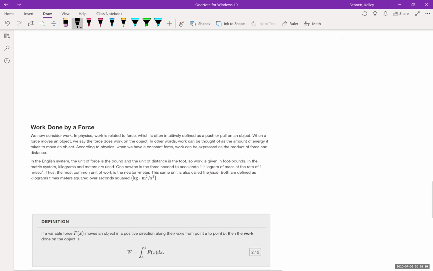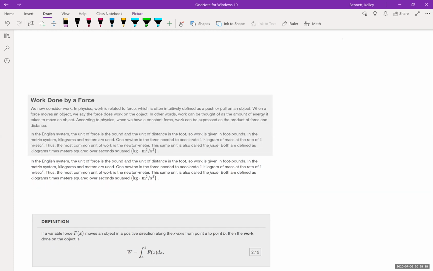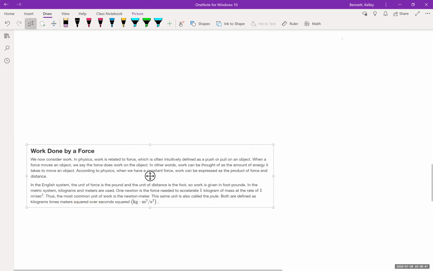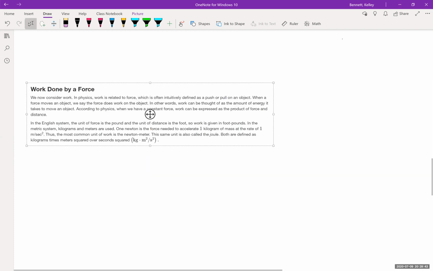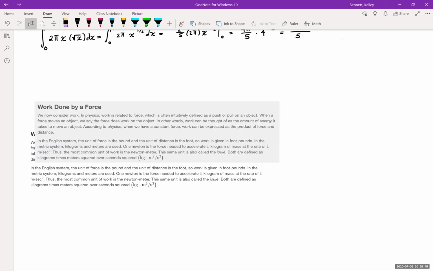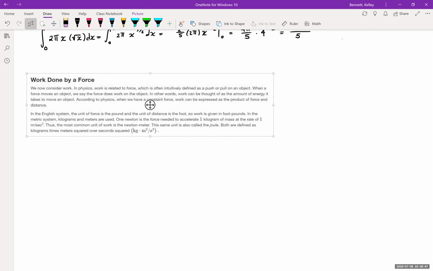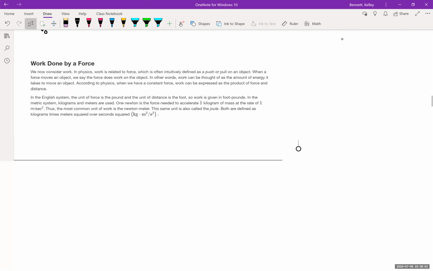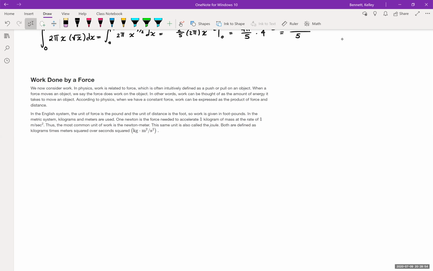All right, let's talk about work. There is a reading question on work in the homework, so definitely read the text. You want to think about work as the product of force and distance.